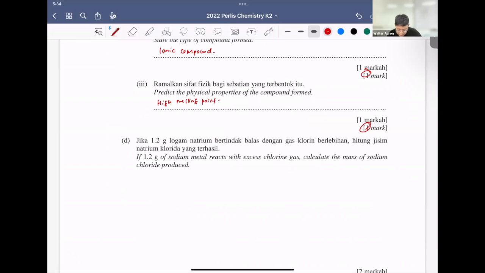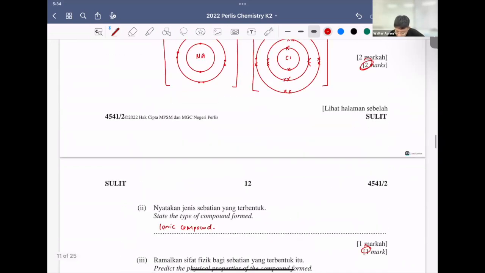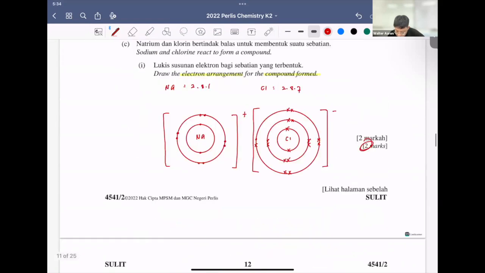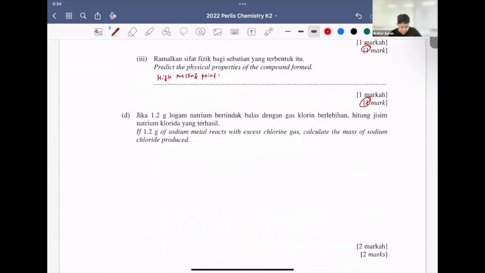If 1.2 grams of sodium metal reacts with excess chlorine gas, calculate the mass of sodium chloride produced. Right now it says we have the particular metal, in this case sodium. The first thing to do is to calculate the number of moles.